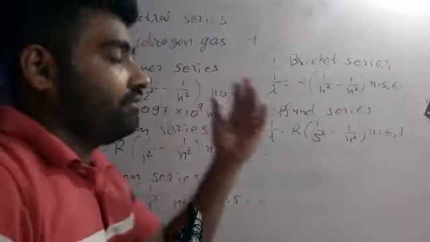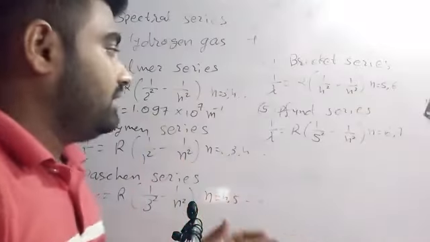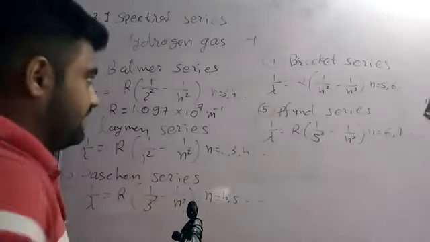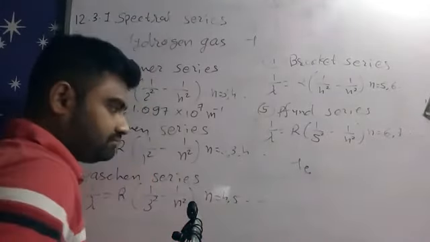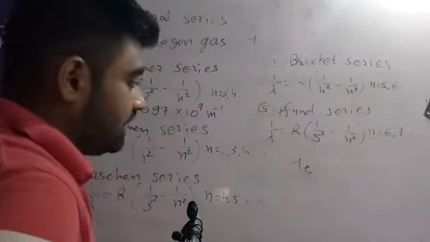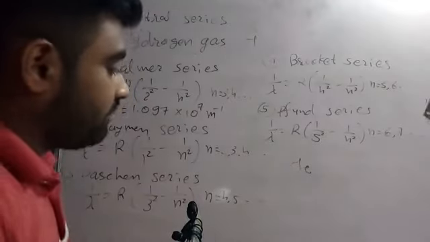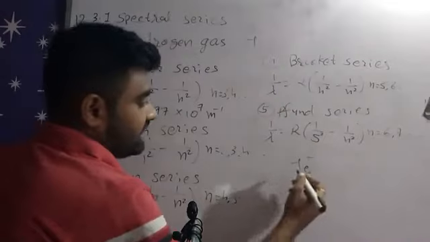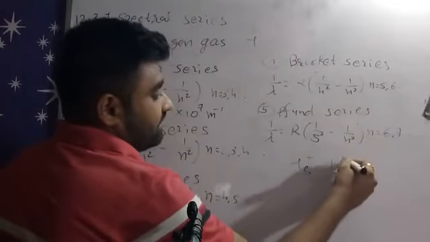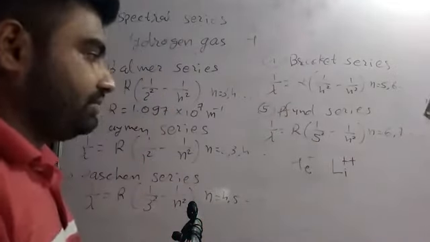But if we want to find this for another gas, starting from hydrogen, then we have helium. For helium, one electron has to be removed, so it becomes helium plus. For lithium we have to remove two electrons.